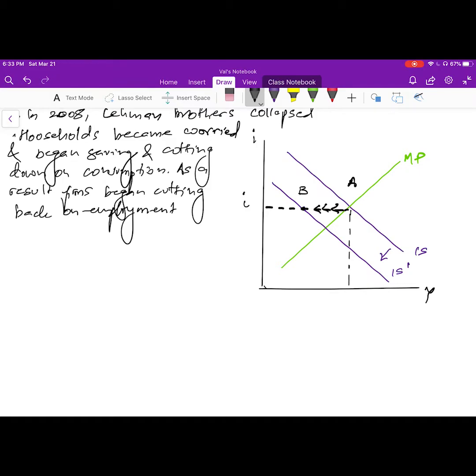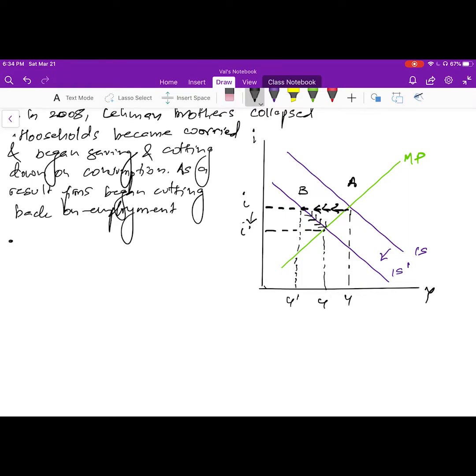The only thing that can happen from here on is because central banks control interest rate and therefore the monetary policy, they responded by lowering interest rates. So let's do that. If you lower the interest rate to I prime, you're also walking down the new IS curve, and you end up at Y double prime.